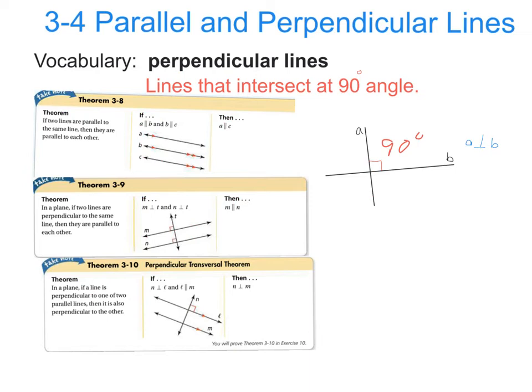And Theorem 3-10, the perpendicular transversal theorem, says that if we have a line L and it's perpendicular to one line and it's parallel to another line, then those other two lines, N and M, must also be perpendicular.